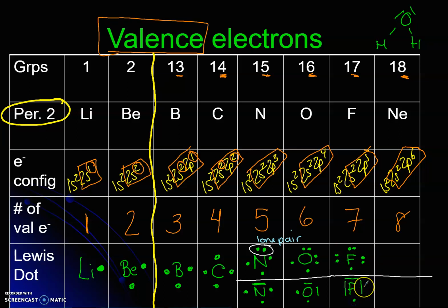Just be careful you don't think it's Florida. And neon is 1, 2, 3, 4, 5, 6, 7, 8, or almost completely boxed in. Don't actually draw a box around it. Draw 4 lines to show the 4 lone pairs.